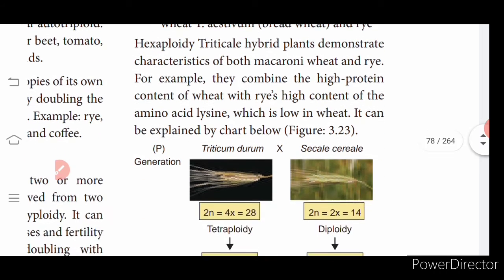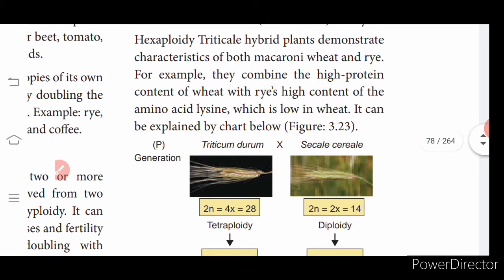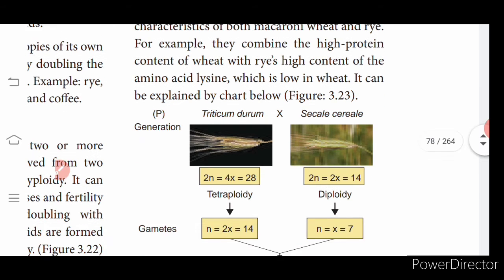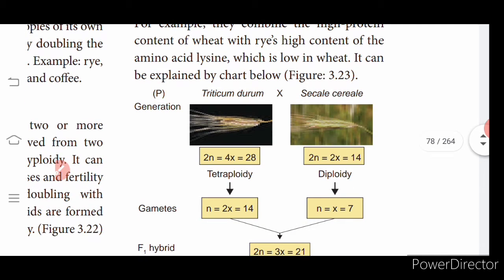Okay, hexaploid triticale hybrid plants demonstrate characteristics of macaroni wheat and also rye. Okay, so they combine to produce high protein content wheat. So the amino acid lysine, which is low in wheat, is increased with the help of this combination with rye.